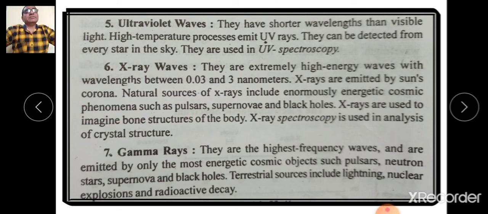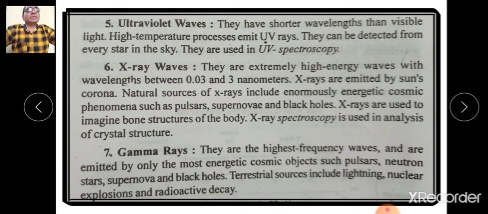Then the last variety is gamma rays. They are the highest frequency waves. The energy is increasing, wavelength is decreasing, and therefore they are the most energetic waves emitted from neutron stars, supernova, and black holes.